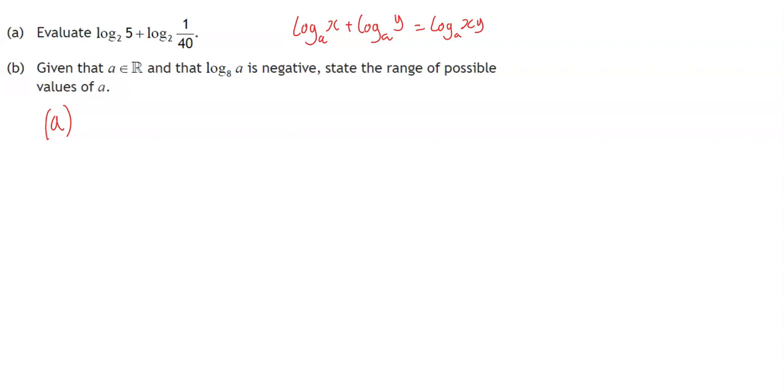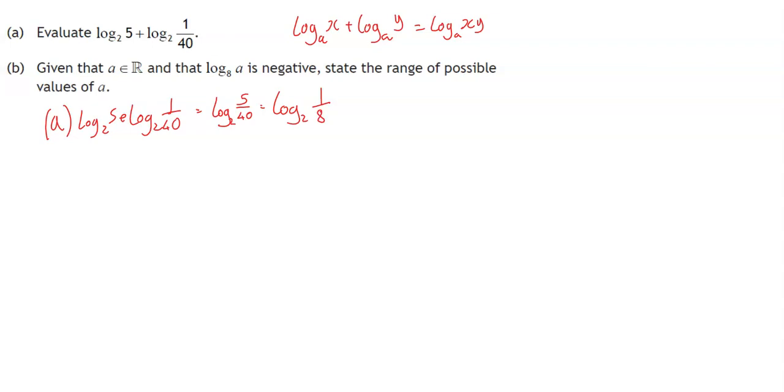So this log to the base 2 of 5 plus log to the base 2 of 1 over 40 can be written as log to the base 2 of 5 over 40, multiplying the two of them together, which gives me log to the base 2 of an eighth. So that's my first step of simplifying.